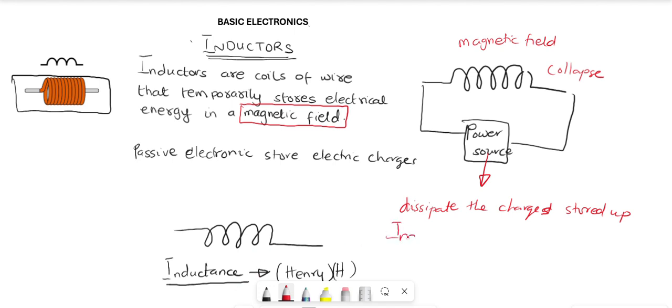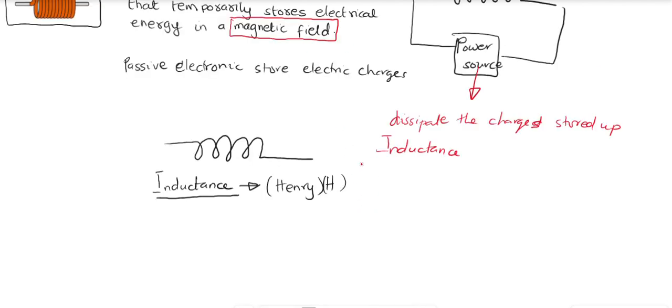Now, the inductance is the inductor's ability to resist changes to current. The amount of inductance depends on six major things. Let's look at the six major things it depends on.